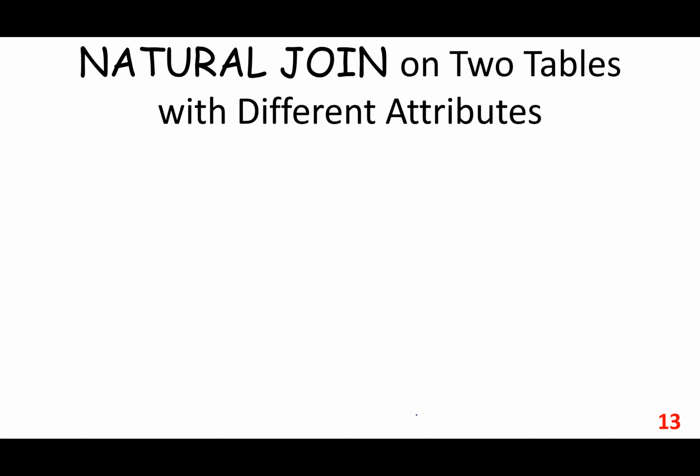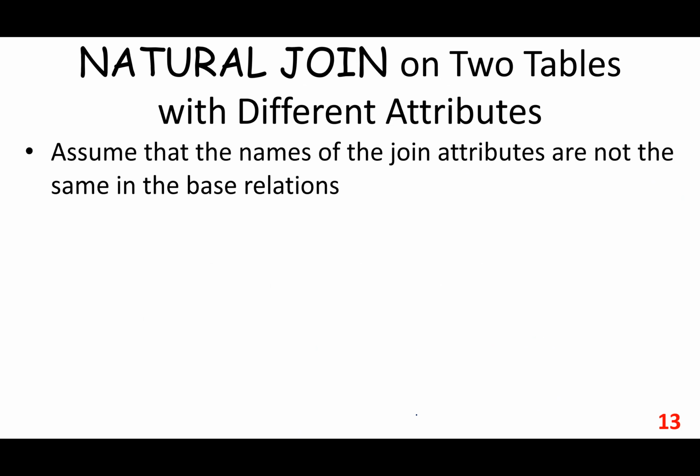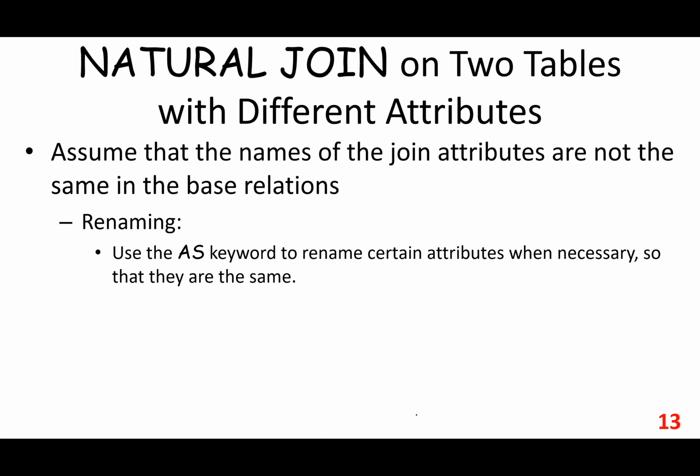So look at the example: natural join on two tables with different attribute names. Let me look at just the last slide, a few more minutes. Assume that the names of the join attributes are not the same in the base relations: Dno, Dnumber, not the same.